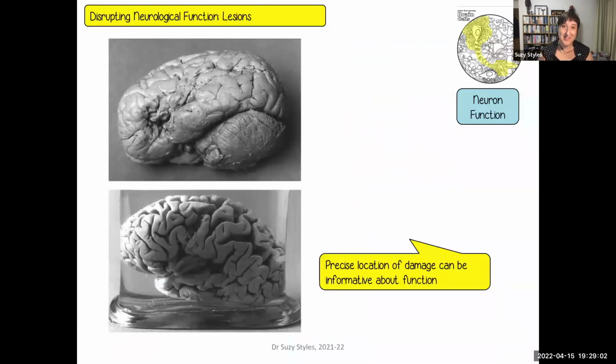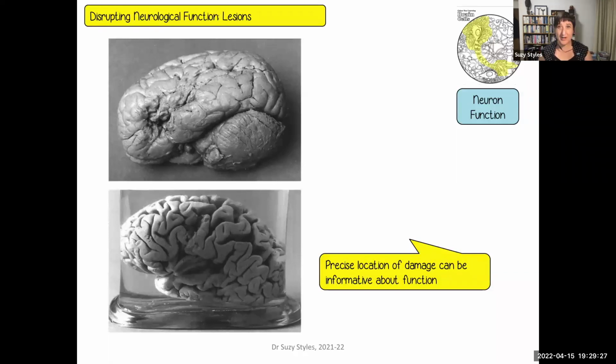Another source of neurological data that we have about neuron function is what's going on when portions of the brain are no longer functioning the way that they used to. So in this case, a particular kind of disruption to neurological function comes in the form of lesions. So this is any instance that involves an injury to the brain where some part of the brain dies.